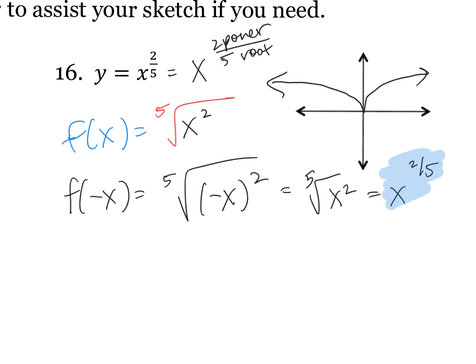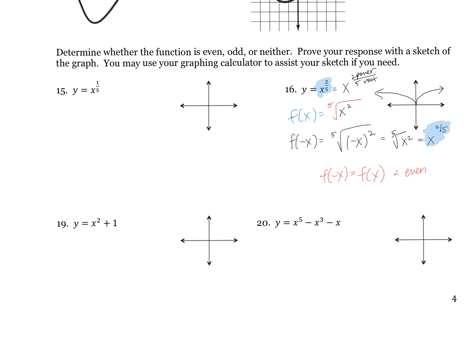Is that what I started with? Yeah. So we're going to say, because when I plugged in a negative x, I got what I started with, f of x. That's how I know it's even. So I'd say just do those 4. So we got some on the front, some on the back.